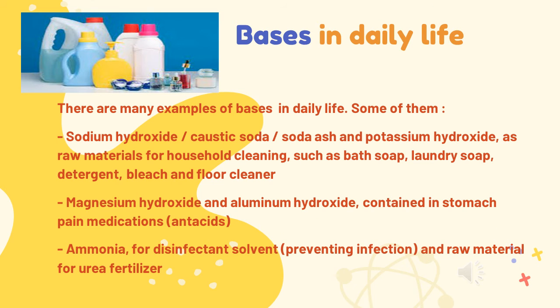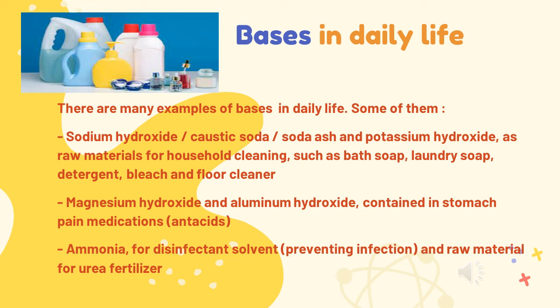Okay, the next we will talk about bases in daily life. Do you know what is included in bases in daily life? There are many examples of bases in daily life. Some of them are: first, sodium hydroxide or caustic soda or soda ash and potassium hydroxide as raw materials for household cleaning such as bath soap, laundry soap, detergent, bleach, and floor cleaner.